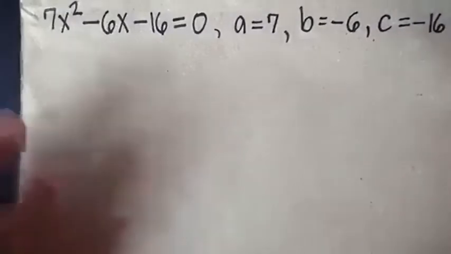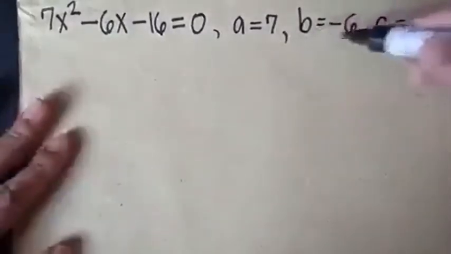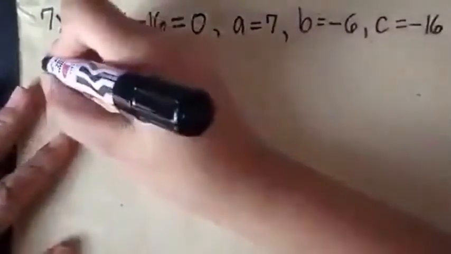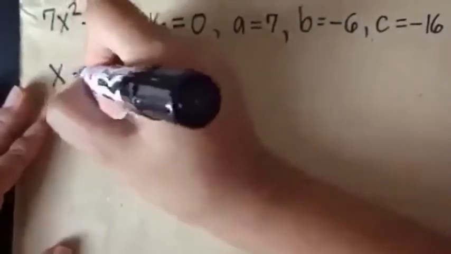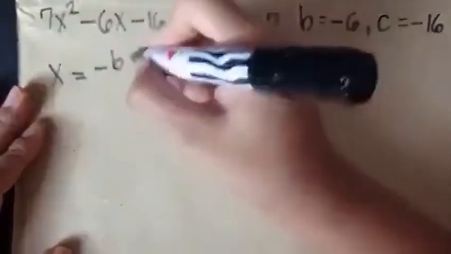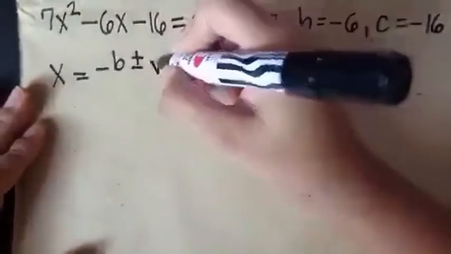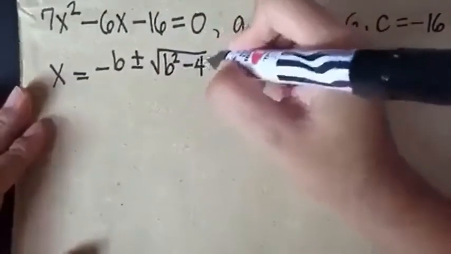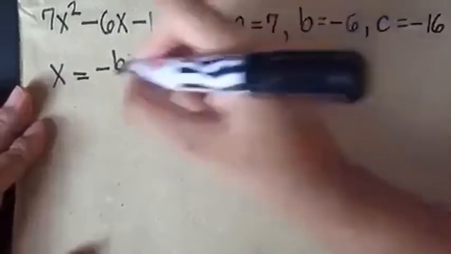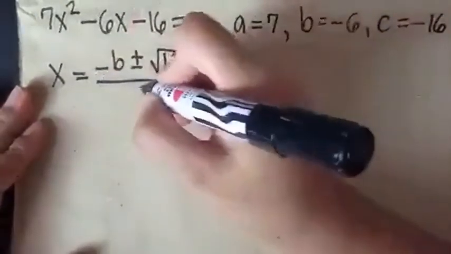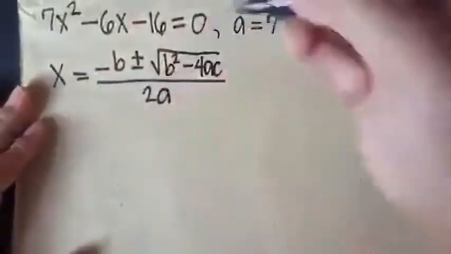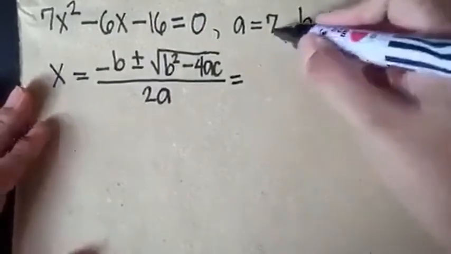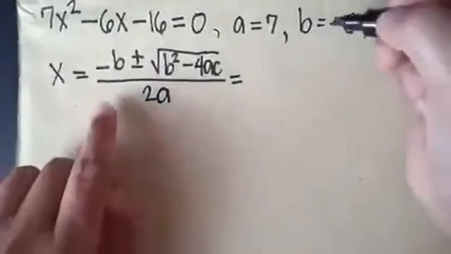Next is for us to substitute these values of a, b, and c in our quadratic formula. Ang quadratic formula natin is x is equal to negative b plus and minus the square root of b squared minus 4ac all over 2a. So, papalitan natin lahat ng values ng a, b, and c dun sa formula natin.